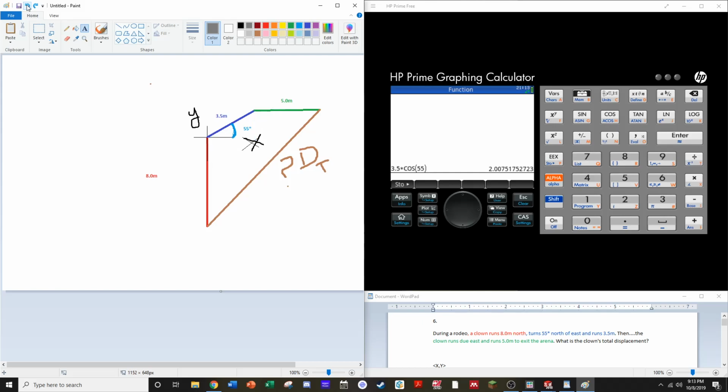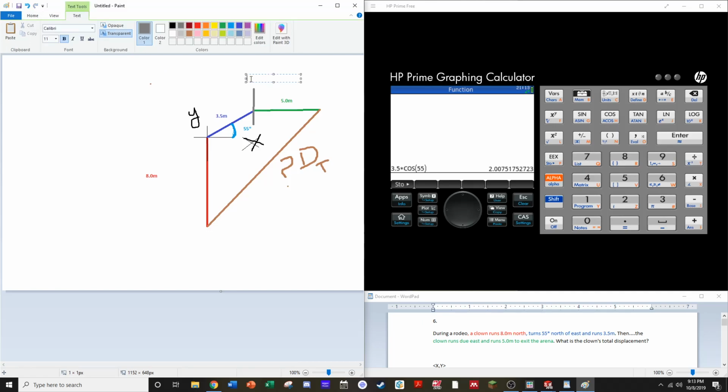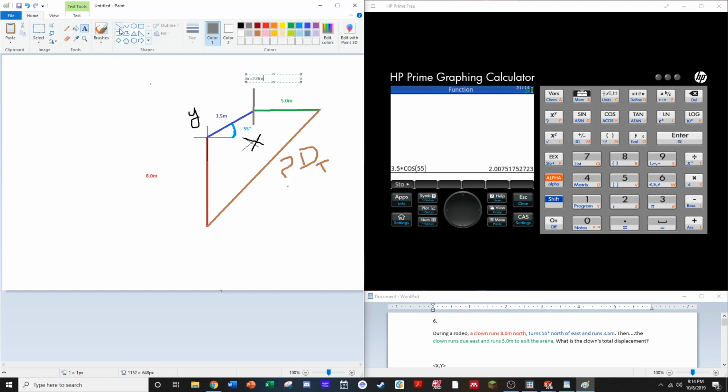Get rid of that nasty circle. There we go. Okay. So we just found that this x value right here, x equals 2.0 meters. Don't ever forget your units. A good physics teacher will yell at you for your units.